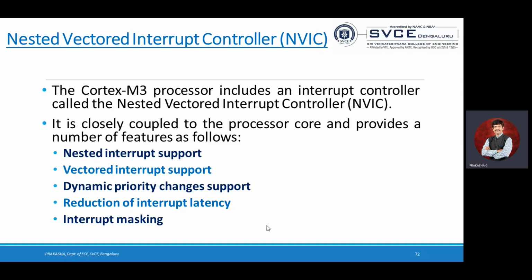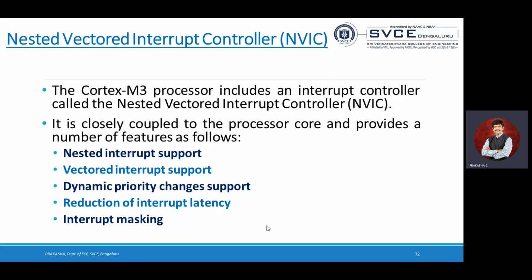The ARM Cortex M3 has a process for controlling the interrupts. The interrupts may occur. There are 5 categories that come into the picture. It is closely coupled to the processor. NVIC is closely coupled to the processor core, and provides a number of features as follows.